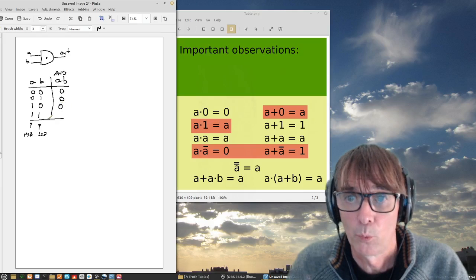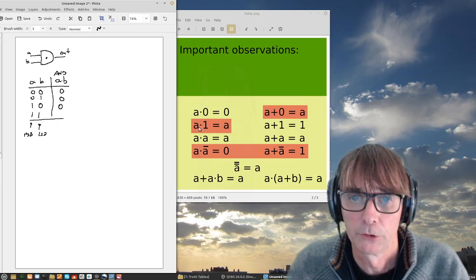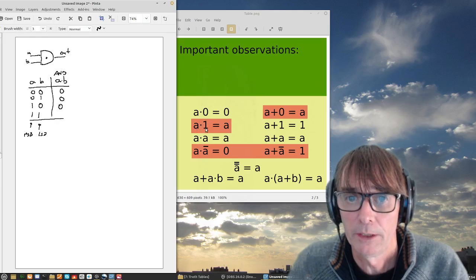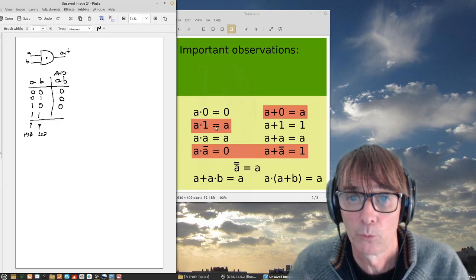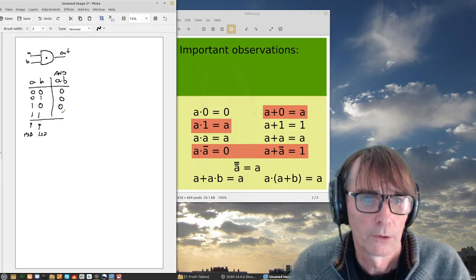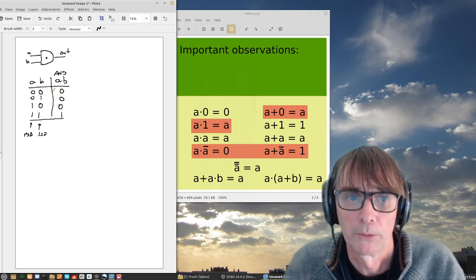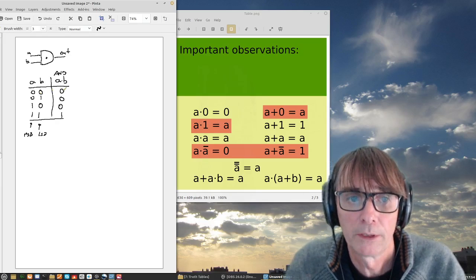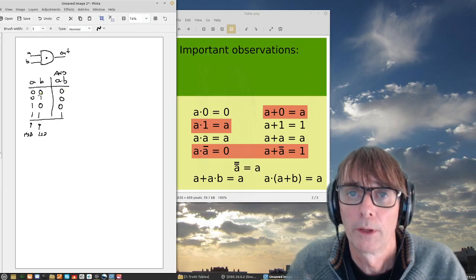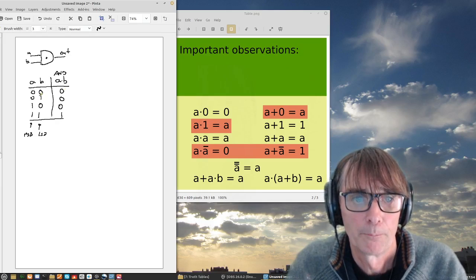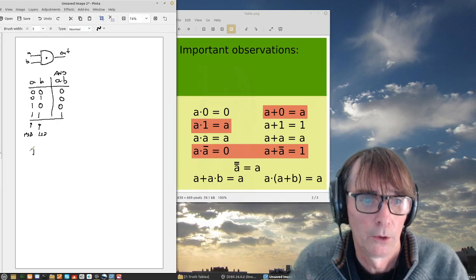And now 1 and 1: we can substitute in this rule that we found, A and 1 equals A, so 1 and 1 equals 1. So now we have here a table where we have written all the output values possible for all input combinations possible. And this is what we call a truth table.